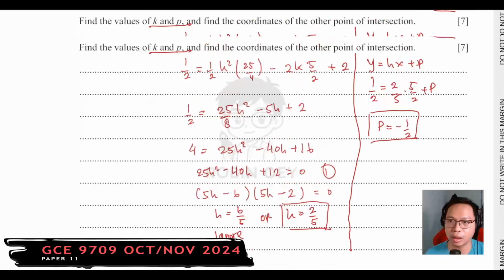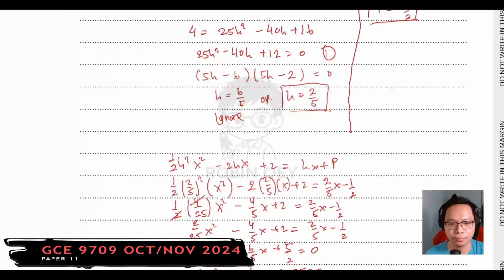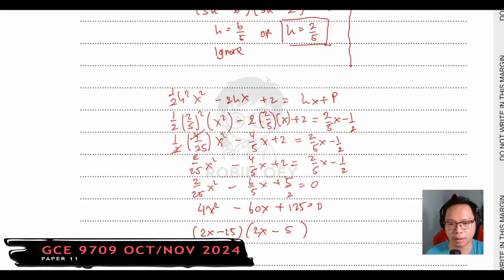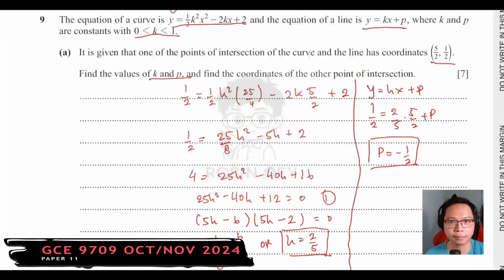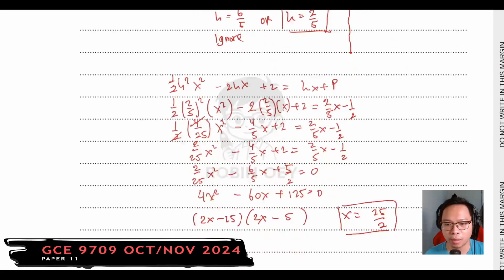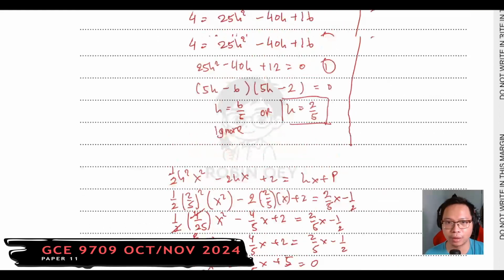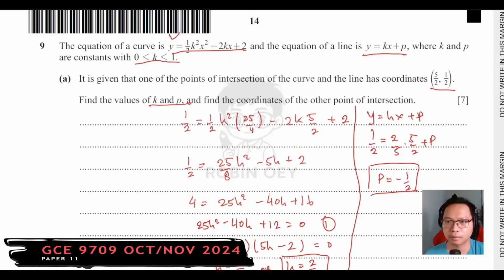The first root is 5 over 2. Then the second one, the x would be 25 over 2. So this is the x point. So for the x is 25 over 2, then the y, we just have to input that.